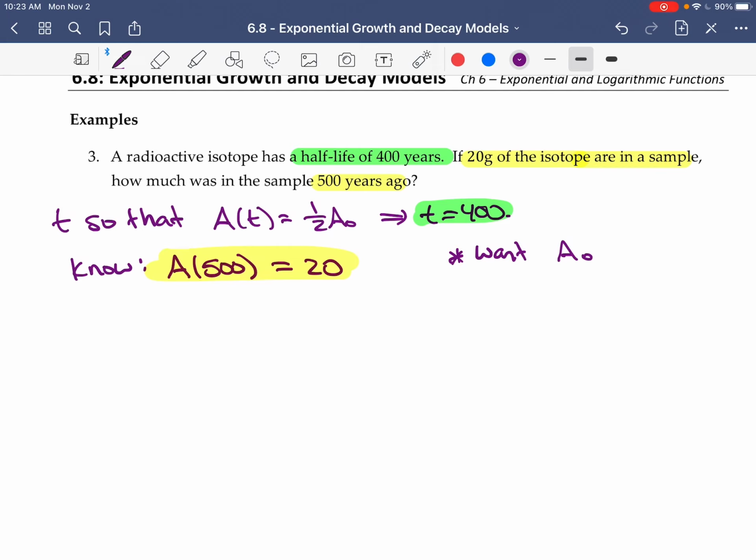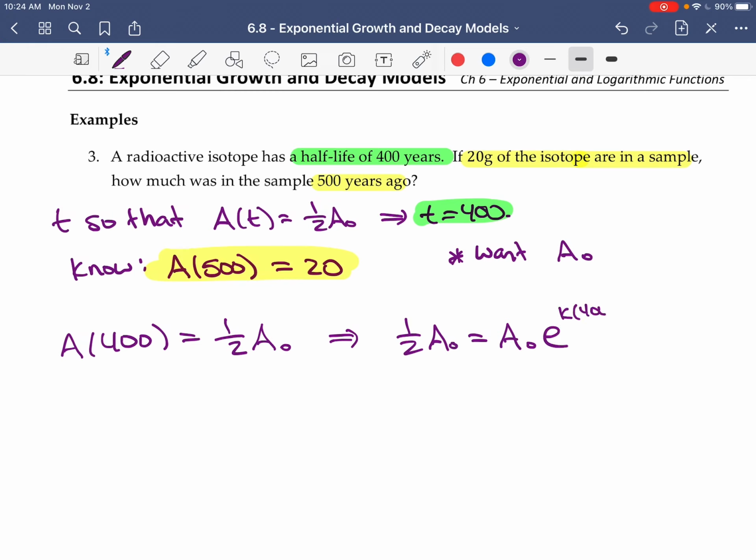So the half-life, so we know A of 400 is equal to 1/2 times our initial amount. So that means 1/2 our initial amount is equal to our initial amount e to the k times 400. Now if we divide both sides by A0, it's going to go away. So 1/2 is e to the 400k.